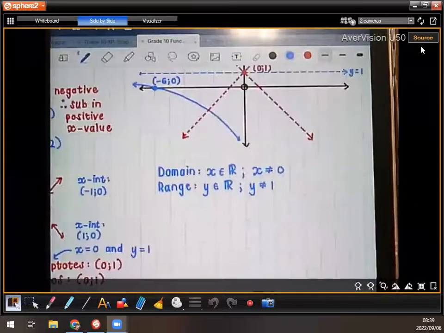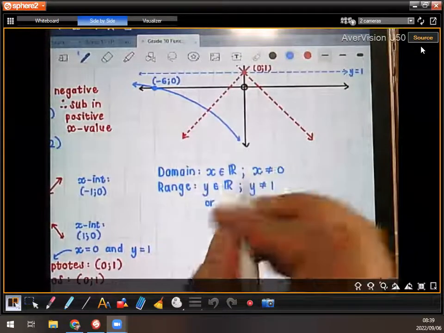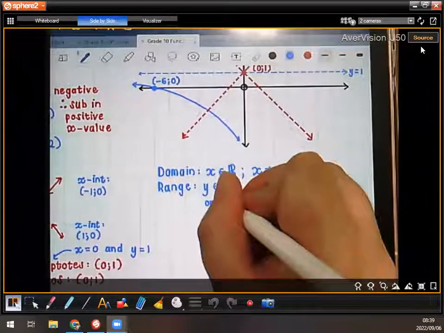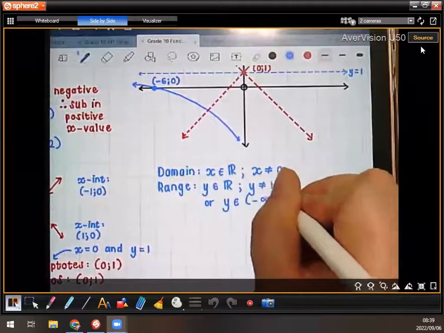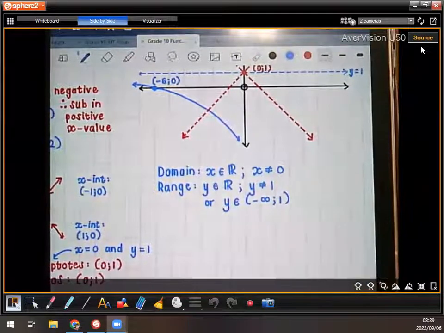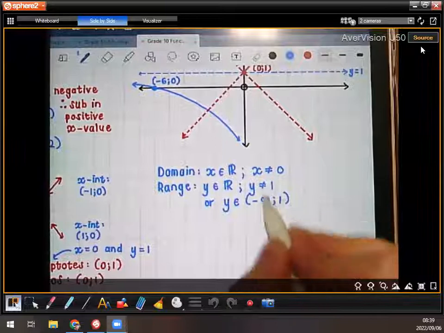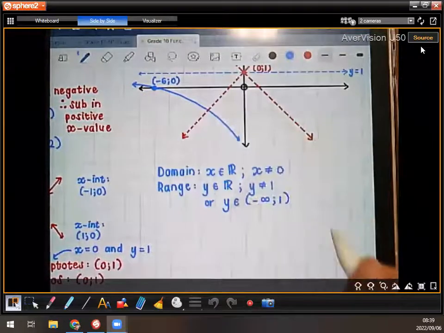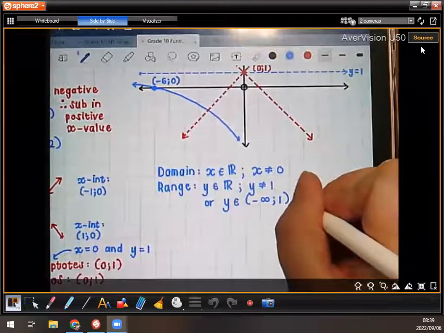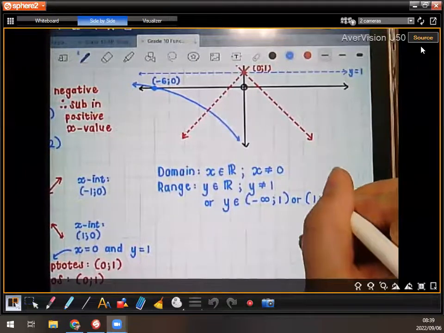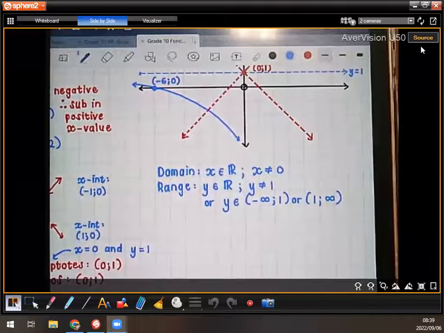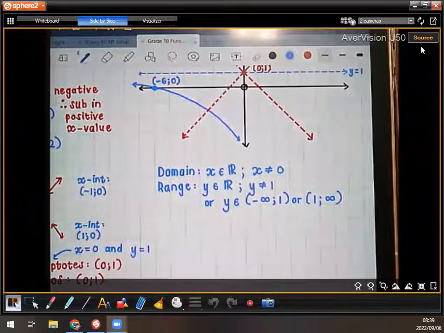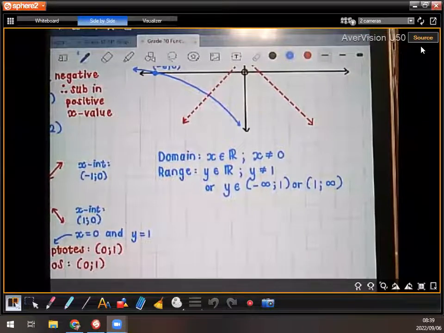Alright, so you can write it like this if you want. I always just write it like this. I think it's the quickest. But if you want to, you can say y is an element of negative infinity to 1, round brackets, because it can't be equal to 1, right? You can't use the square bracket there. And then y can go from 1 to infinity. But I think the first way of writing is quicker.